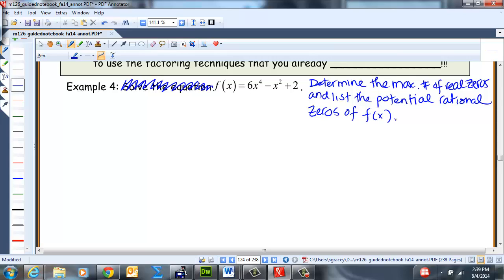Okay? So again, we have all integer coefficients. So a sub 0 this time is 2, and a sub n is 6.